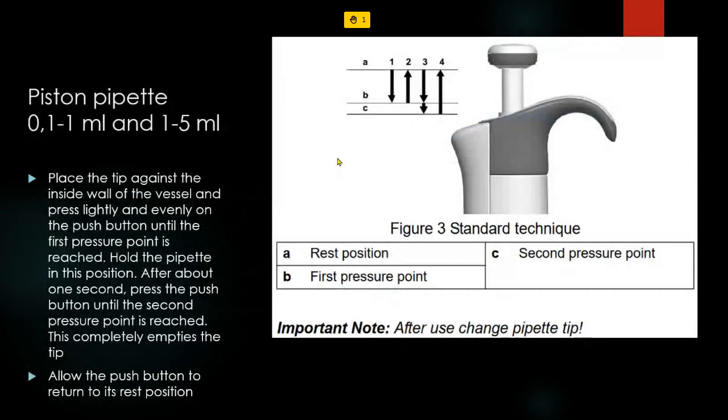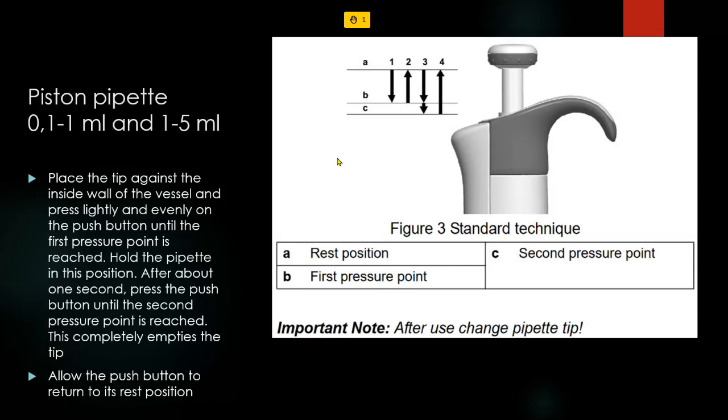Then we place the tip against the side wall of the vessel or the cuvette and we press the push button until the first pressure point is reached. We hold the pipette in this position, and after about 1 second, we press again the push button until the second pressure point is reached.